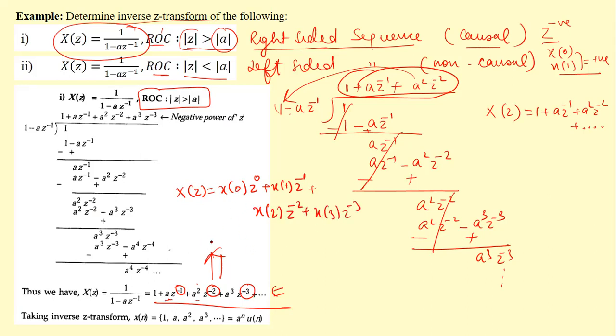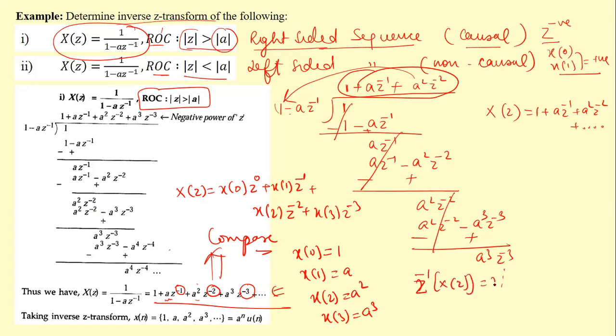So if we compare these two, we get x0 is 1, x1 is a, x2 is a square, x3 is a cube, like this. So the inverse z transform of X(z) will give us x(n), which is 1, a, a square, a cube and so on.